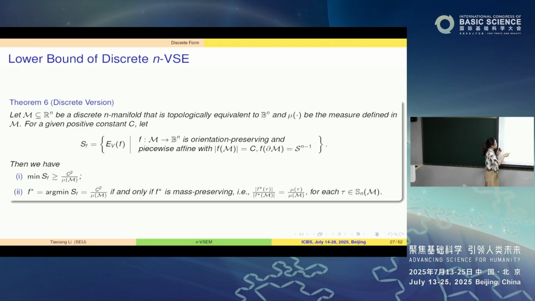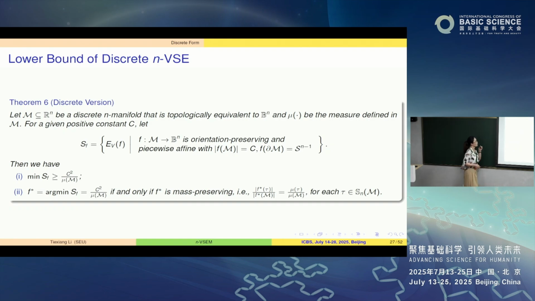So now let's consider this set. We can prove that this value is the lower bound of this energy, and F reaches the lower bound if and only if F is mass preserving. This theorem tells us we can find the mass preserving map by minimizing this energy.